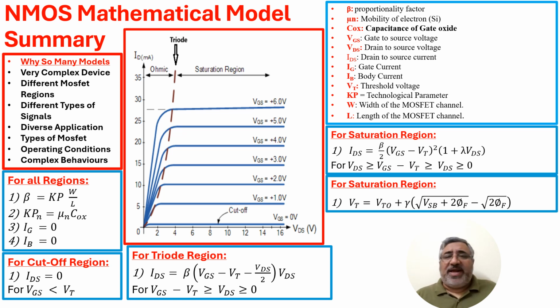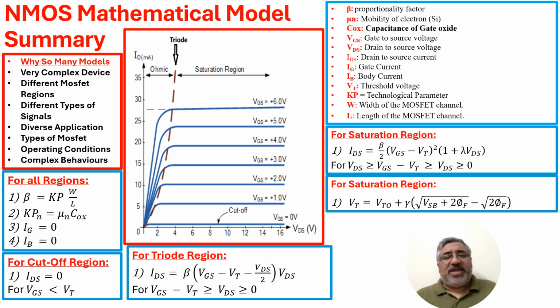This relationship highlights how the current increases linearly with the drain to source voltage VDS, as the channel is formed and enhanced by the gate voltage exceeding the threshold. In this region, the MOSFET operates effectively as a variable resistor, where the current flow is influenced by both VGS and VDS. This characteristic is crucial for many applications like analog switching and amplifiers, allowing precise control over the output current in response to the input signal.